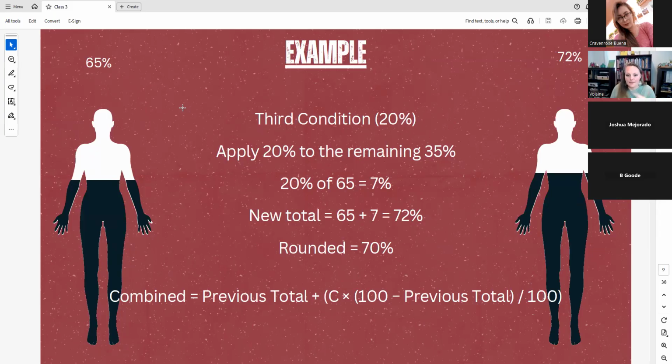I think I messed up. Oh, no, 20% of 35% is 7%. I miscalculated. So that's 7%, and your new total is 65 plus 7, which gives you 72%.